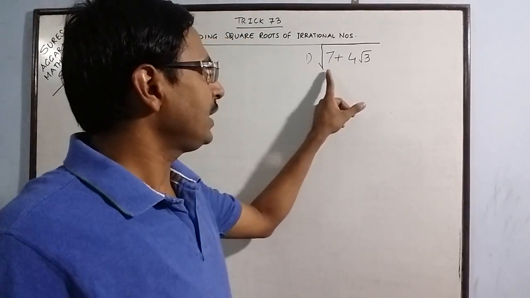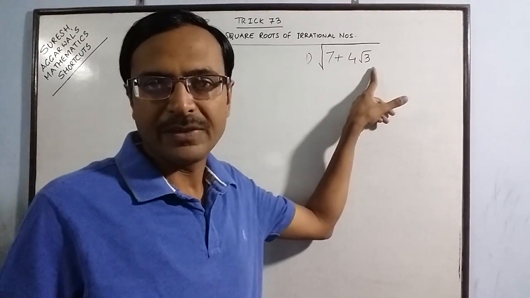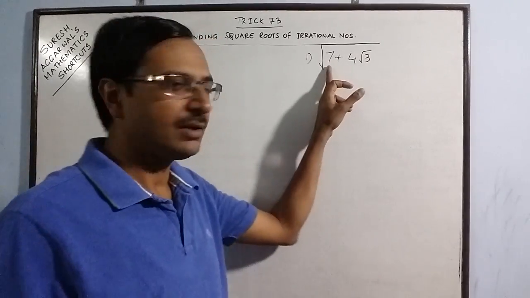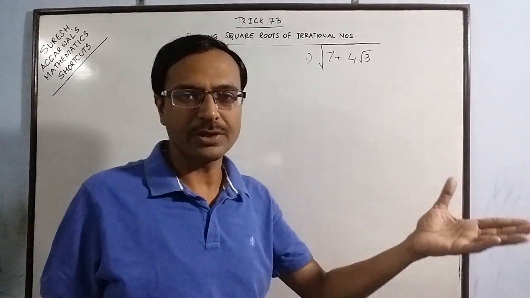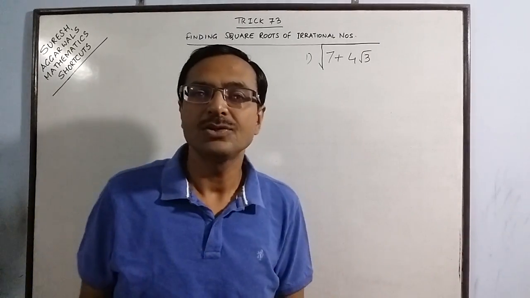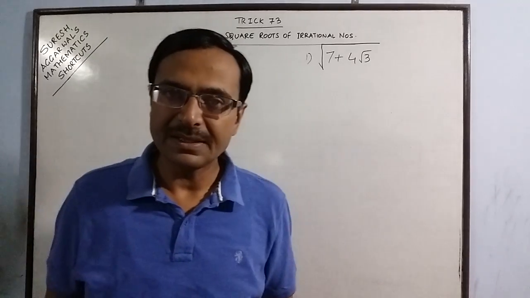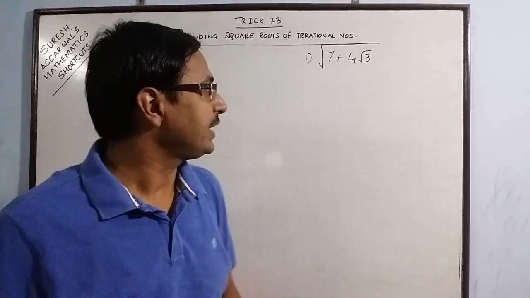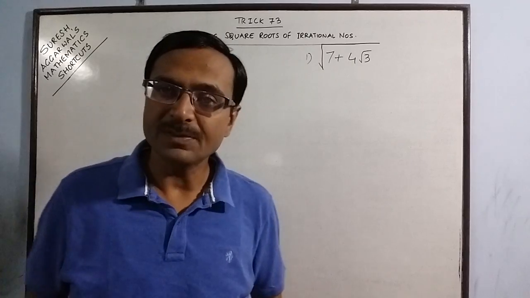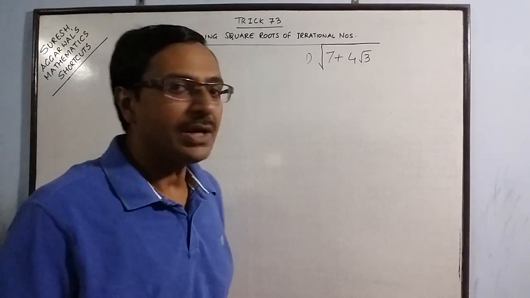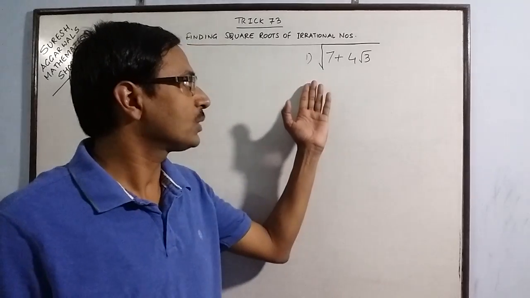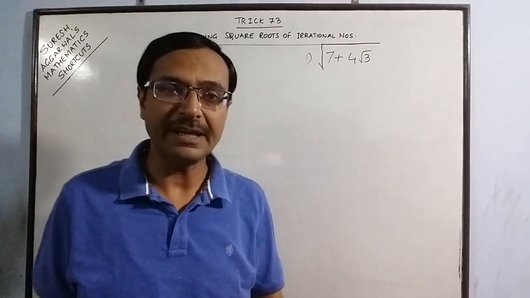Now in the number 7 plus 4 root 3, there is a rational part 7, it does not contain root, and there is an irrational part 4 root 3 which contains root 3. So for this type of quantities, there is a small shortcut which you have to remember. If you know that shortcut, the questions based on the square roots of irrational numbers become very easy.